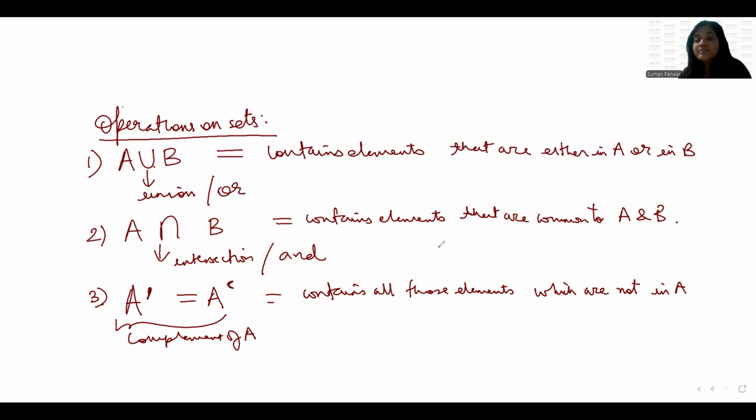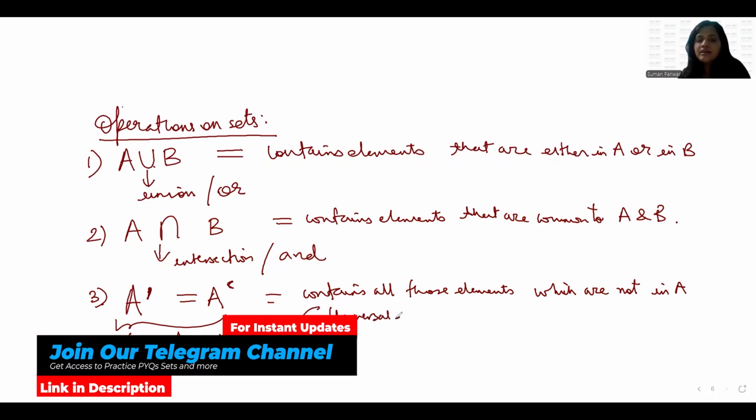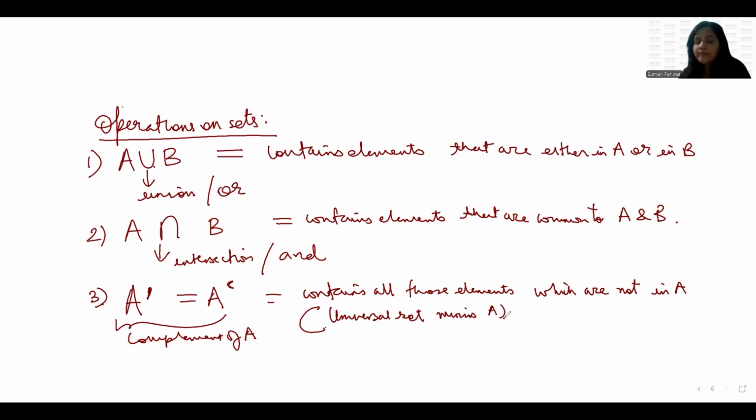Not in A means they must be in some universal set. So that means universal set minus A. Now, fourth, A minus B. This is called difference.